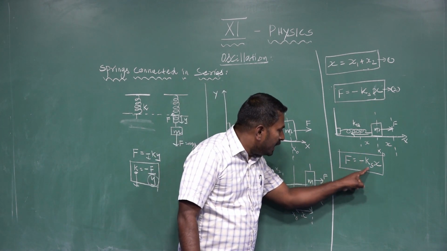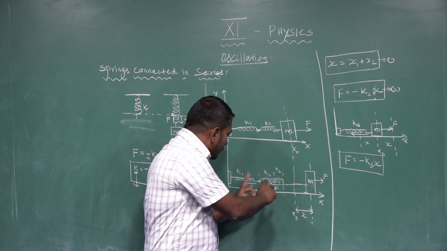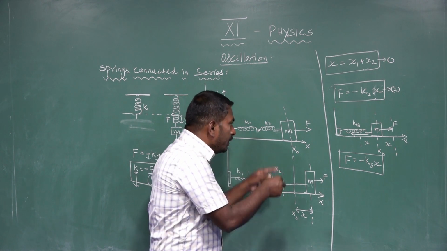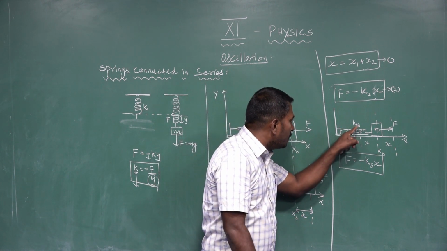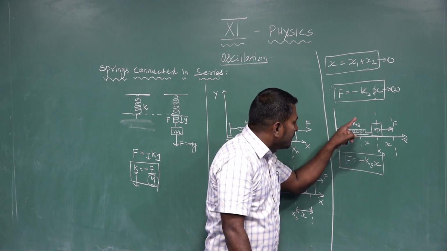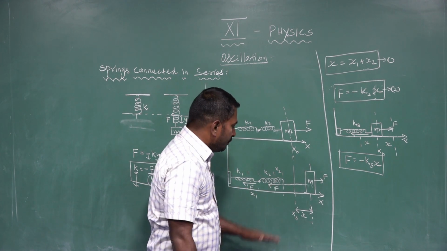Ks is the effective spring constant for the series connection. If both springs connected in series are replaced by a single spring with spring constant Ks, this creates the same effect as both springs connected in series.